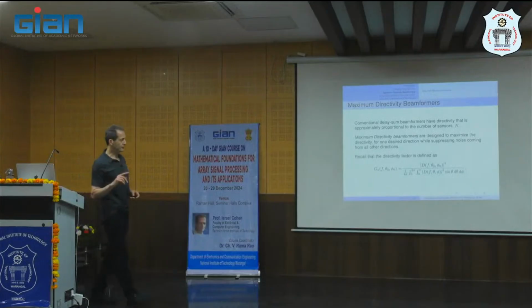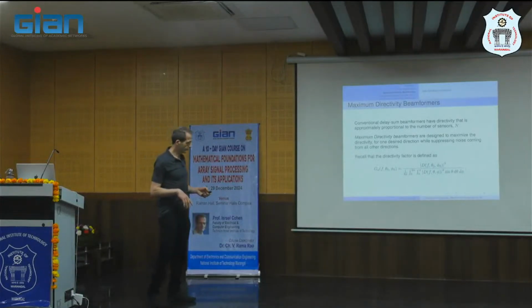Maximum directivity beamformer. I talked about when you want to maximize the directivity; this is the directivity of the beamformer. This is the expression that we got for far field. If it's near field, of course, we need to change the beam pattern in the numerator for the near field source.